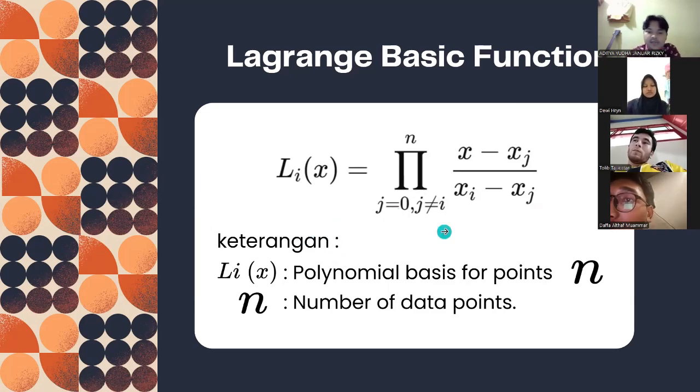For example, the n itself is the number of data points. So for example, if there are 5 points, the n will be 5, like that.